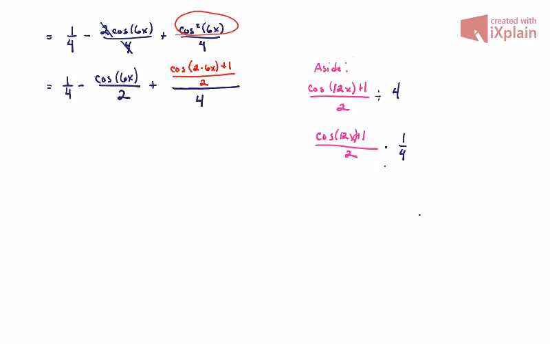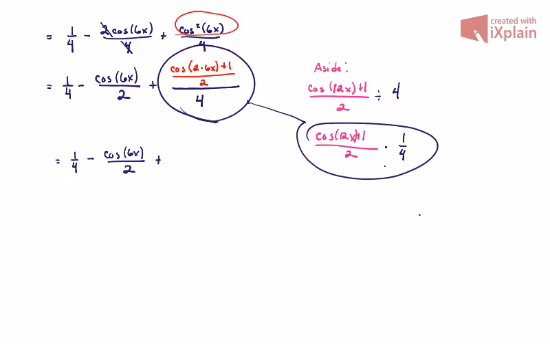So really what we have here is 1/4 minus the cosine of 6x over 2 plus, now I can rewrite this from what I have from my aside, the cosine of 12x plus 1 all over 8.